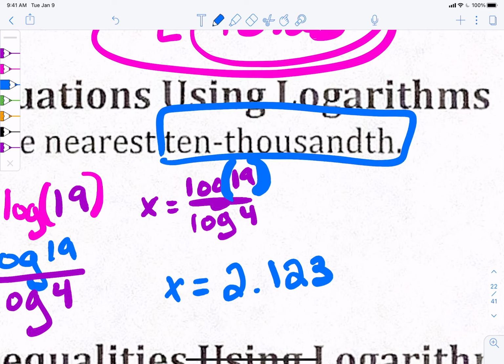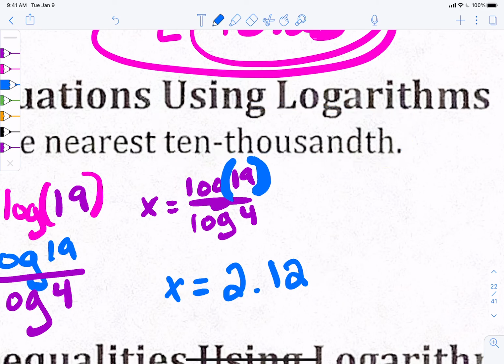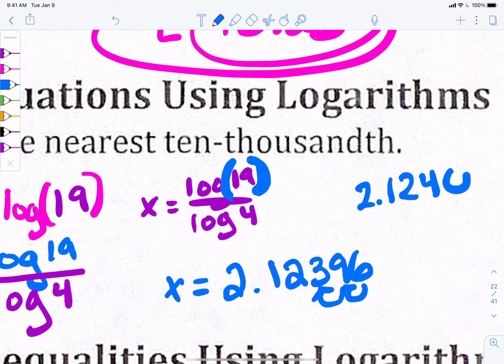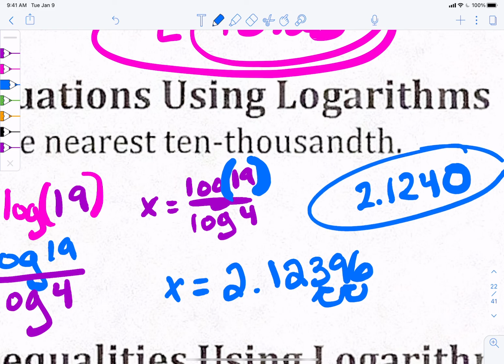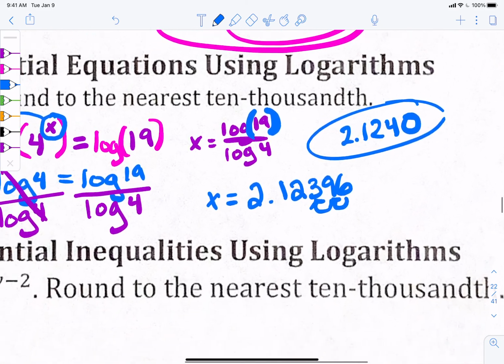Because it's 2.12396, this 9 is going to bump this one up, and that's going to bump that one up. So it's 2.1240, rounded to 4 decimal places. We have to round up. Good? Okay. Moving on.